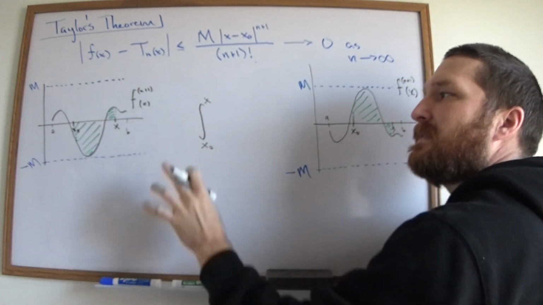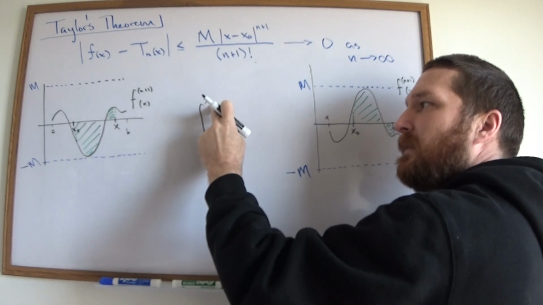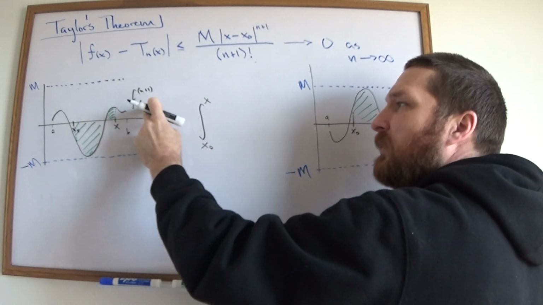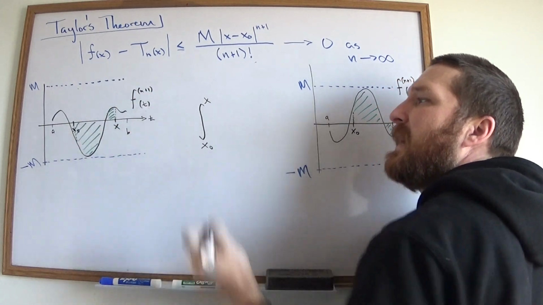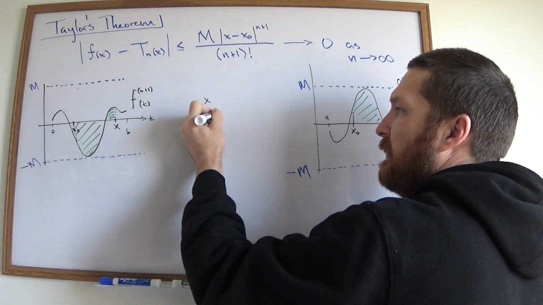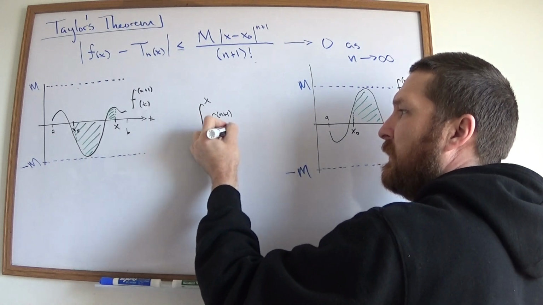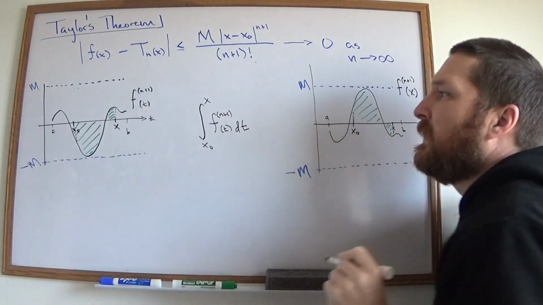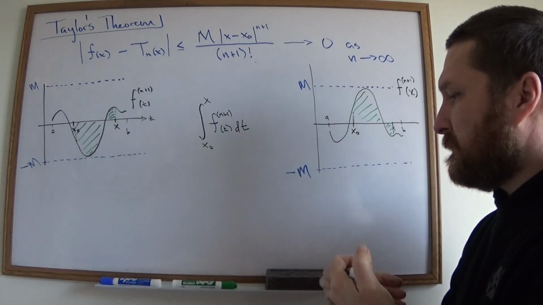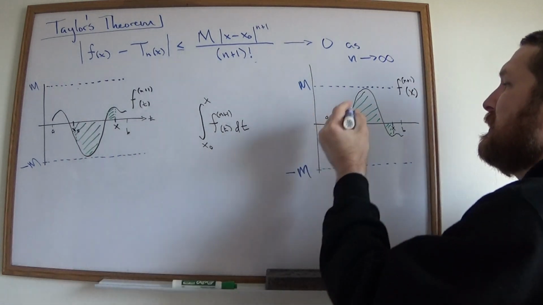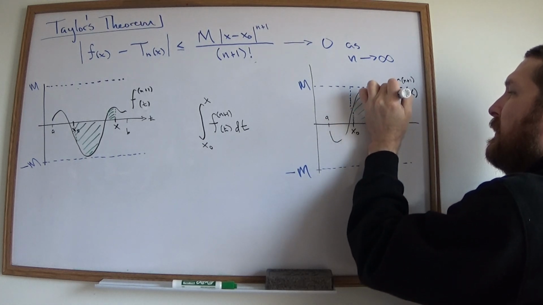Now we're using x as a variable up here, so it would probably be a good idea to change this to a t, and we think about this as the t-axis. Then this guy, the n plus first derivative of f of t dt, has got to be, regardless of how you look at it, less than this area right here.